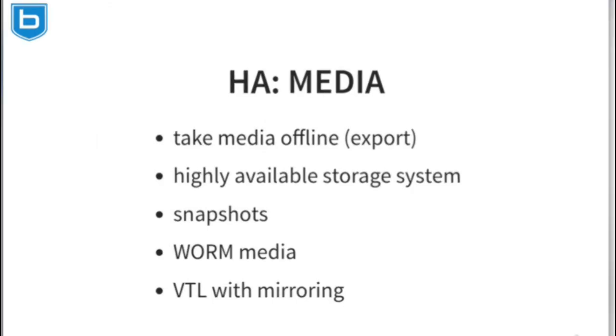Another option is to use WORM media, if you want to be sure that even an attacker cannot overwrite the existing data on your media. And another option could be to have a virtual tape library that can itself automatically mirror the virtual tapes to a different location.